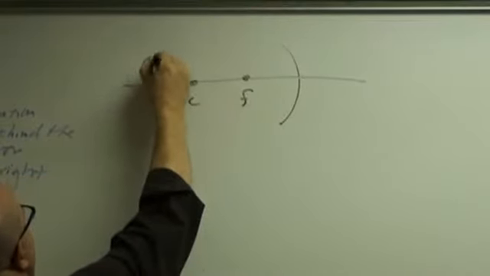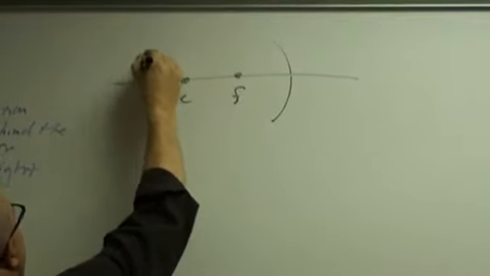So we started off with a person up here, I think, and light came off this person, came through here, went through here, came out here, and went through here, and we formed a little tiny mini-me right here. We formed mini-me. When the object is out here, we form this image.